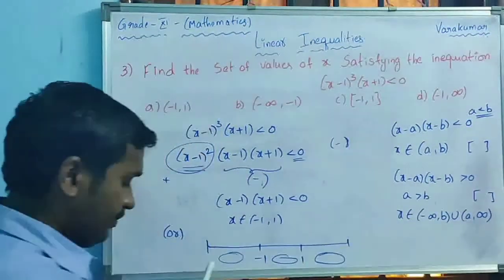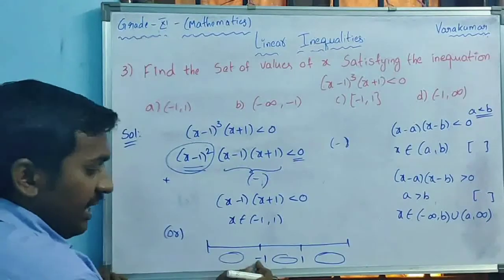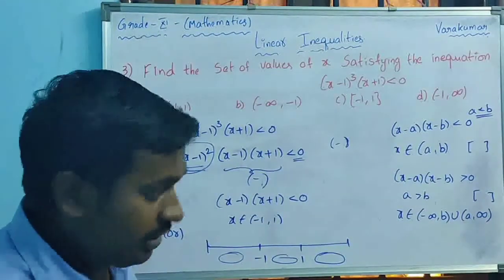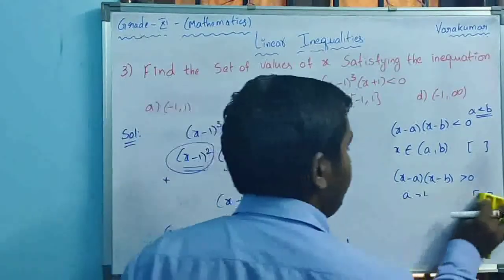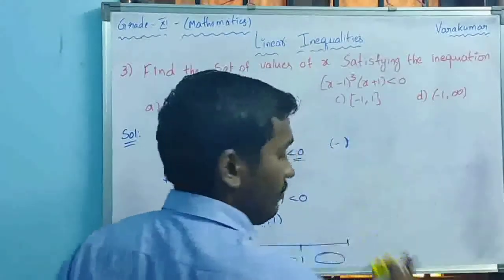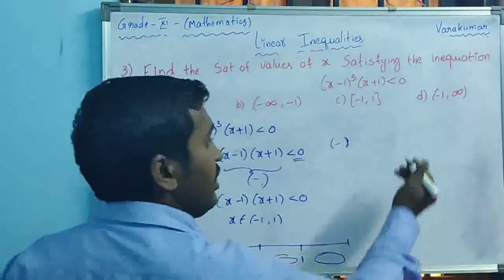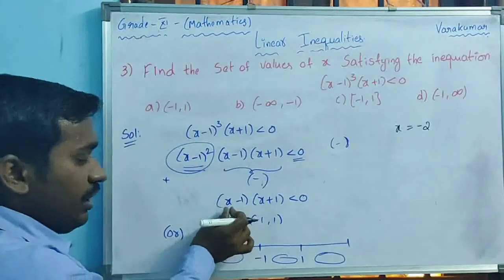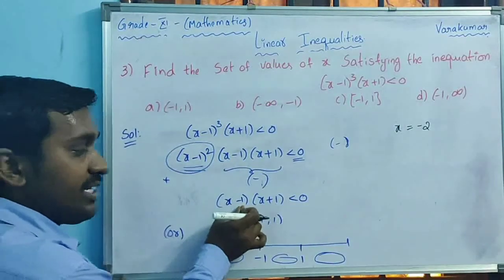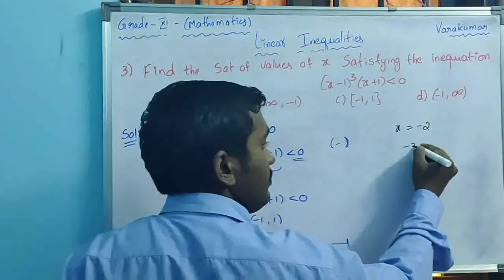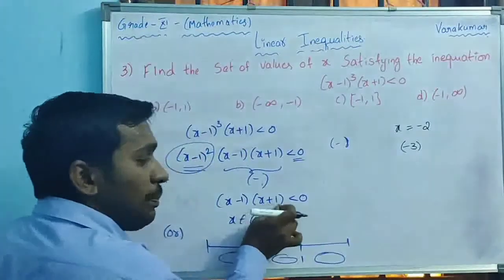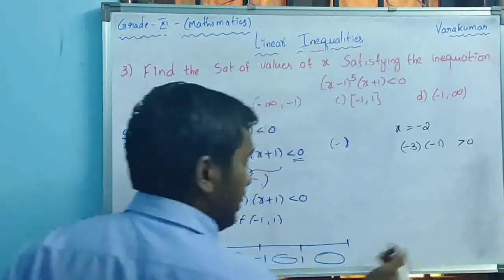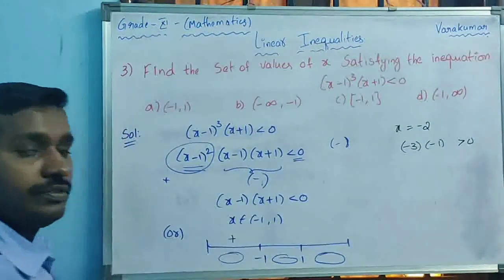Now once again I'll do that. Below minus 1, suppose you take x as negative, say x is equal to minus 2. Then x minus 1 becomes minus 3, and x plus 1 becomes minus 1, so the product is positive.